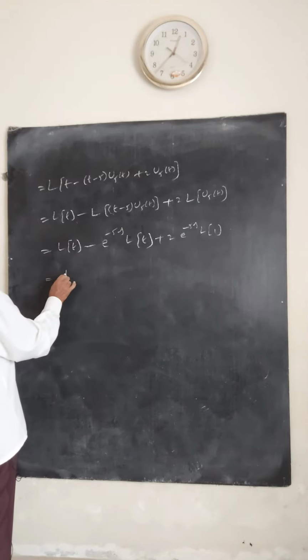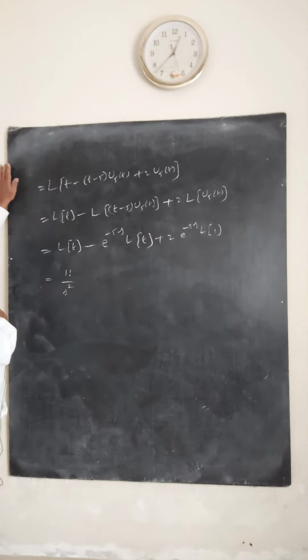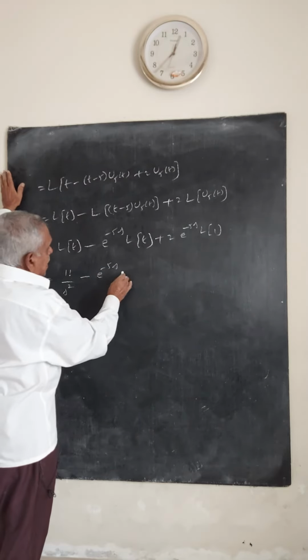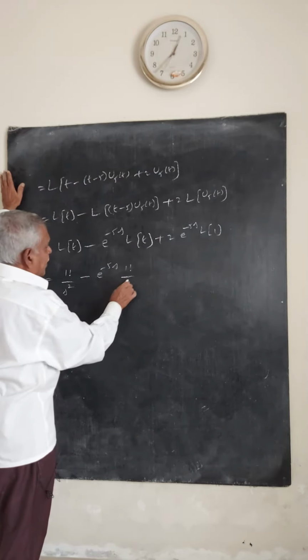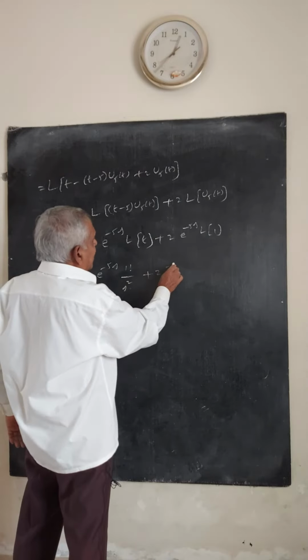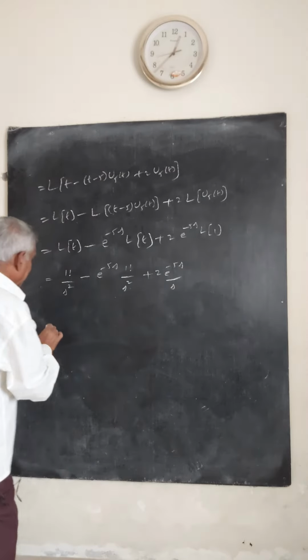L of t is 1 factorial divided by s square, the eighth formula from the standard forms. Minus e power minus 5 s, L of t is 1 factorial by s square, plus 2 e power minus 5 s, L of 1 is 1 by s.